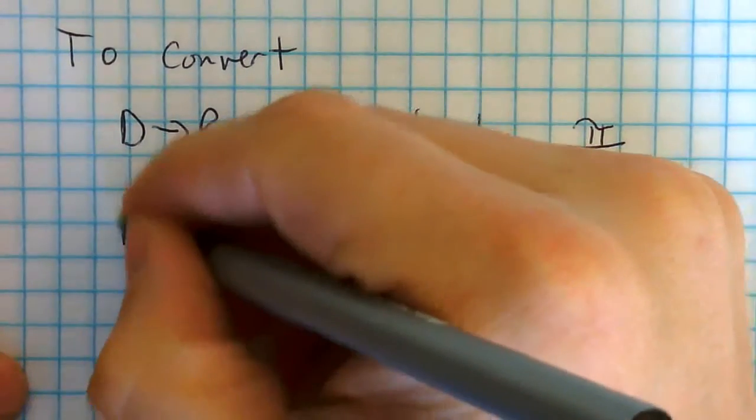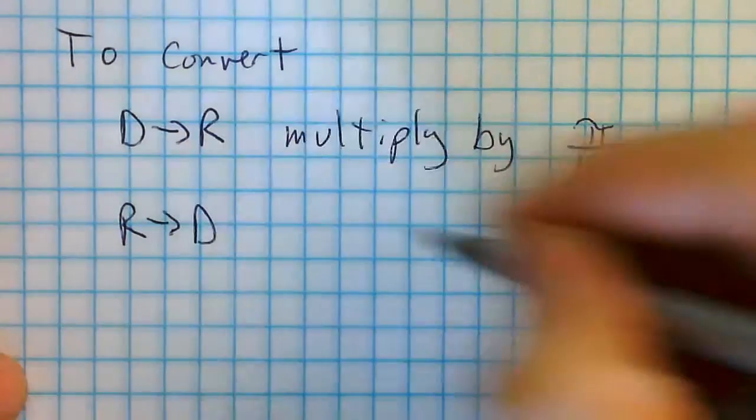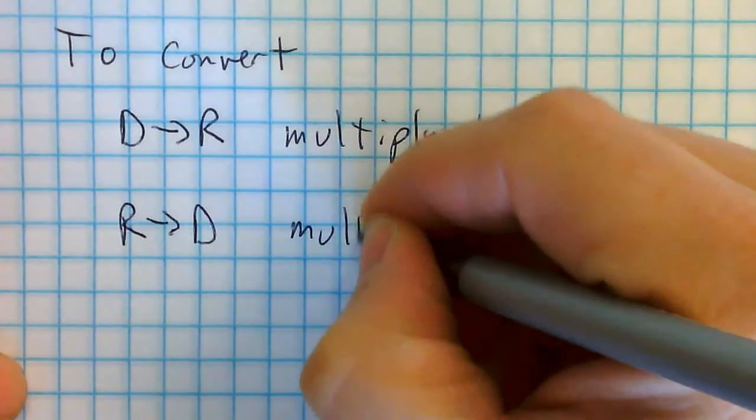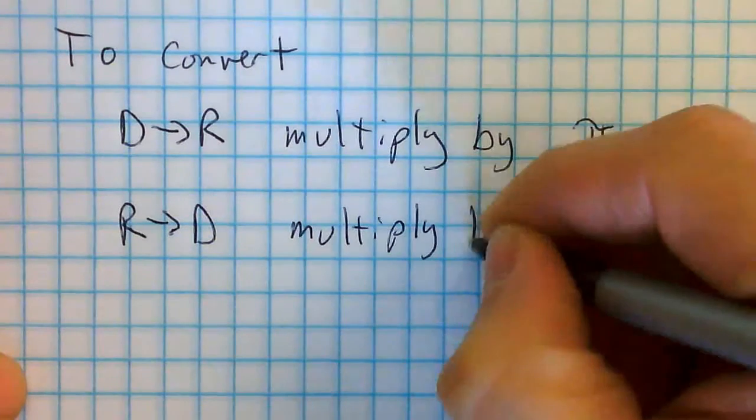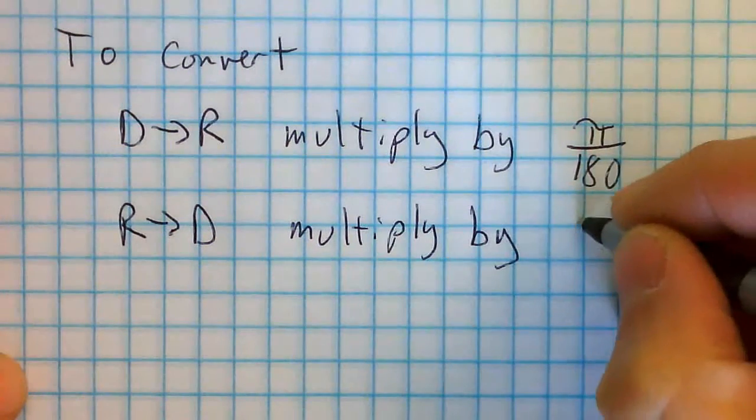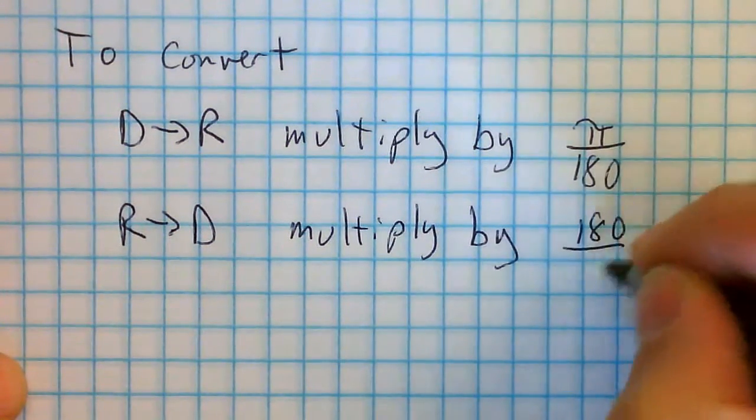To convert radians to degrees, multiply by 180 over pi.